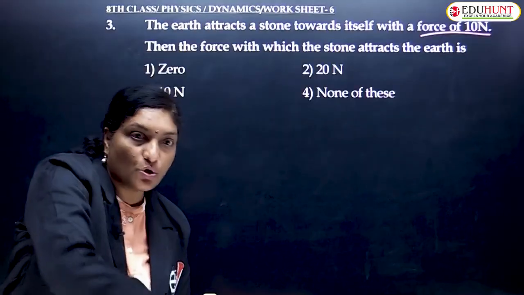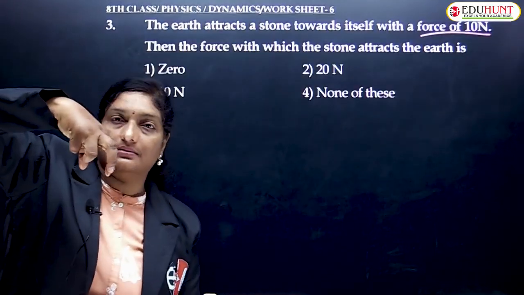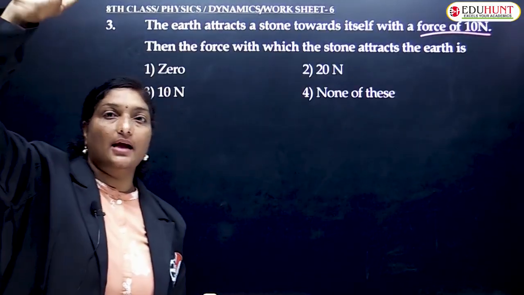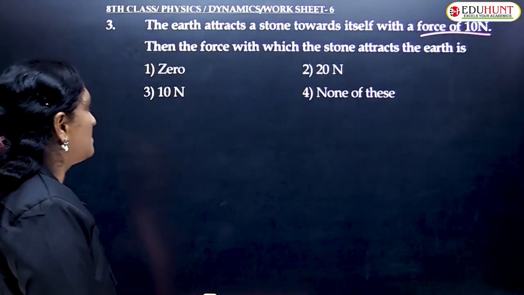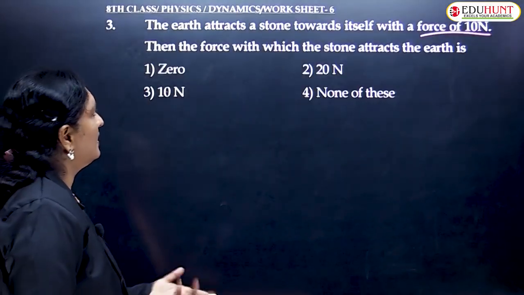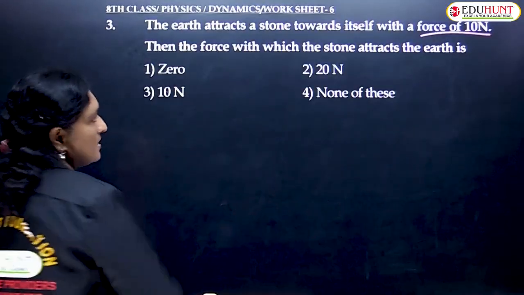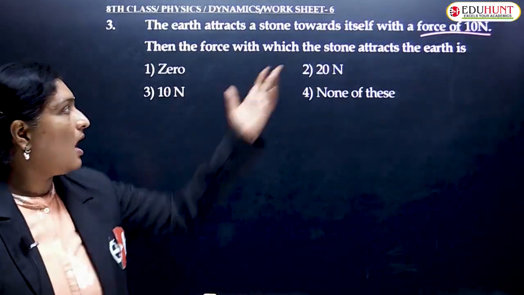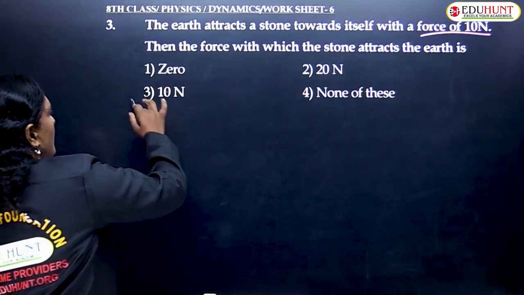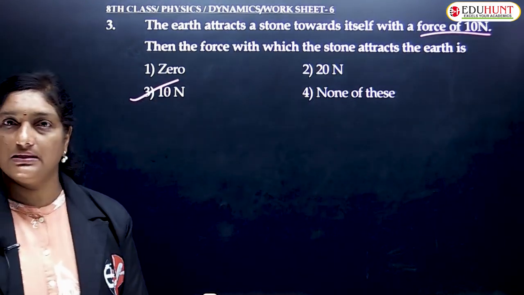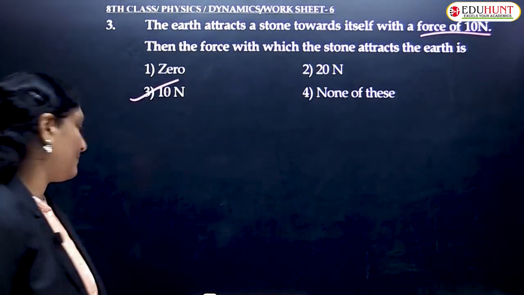That means the stone also must attract the earth with the same force but in the opposite direction. So what is the force, children? 10 Newton. Which direction? Opposite direction. Here direction was not mentioned, only magnitude. How much is the magnitude? 10 Newton, but in the opposite direction. So the answer is the third option.